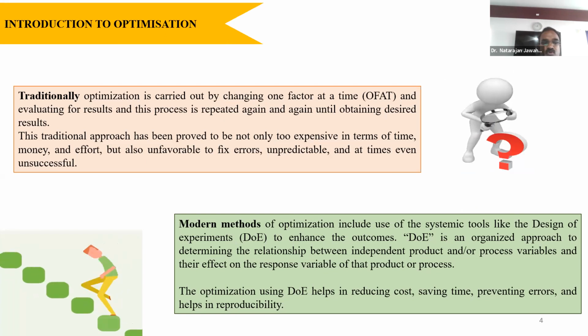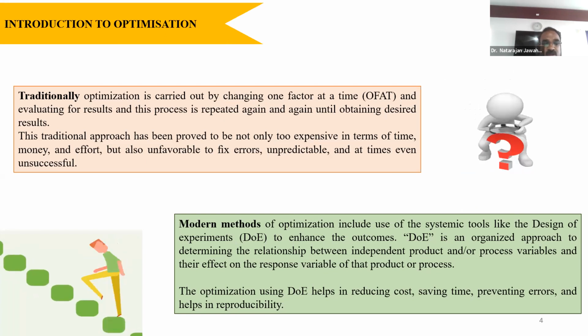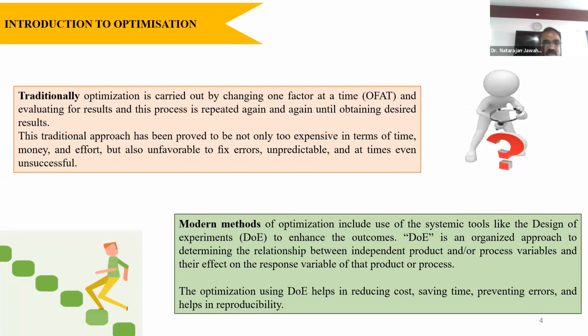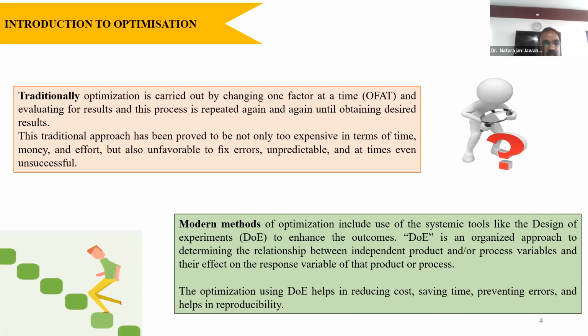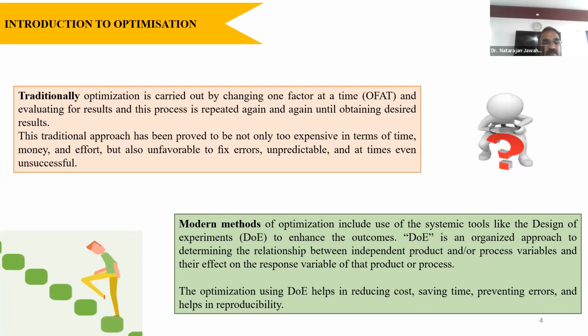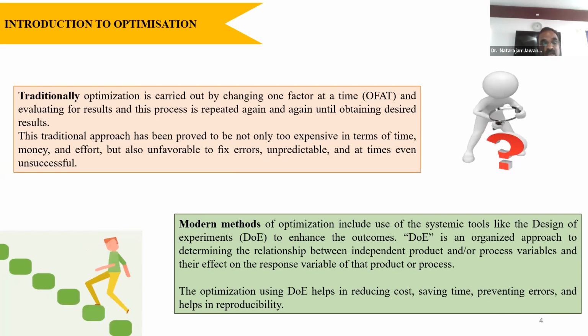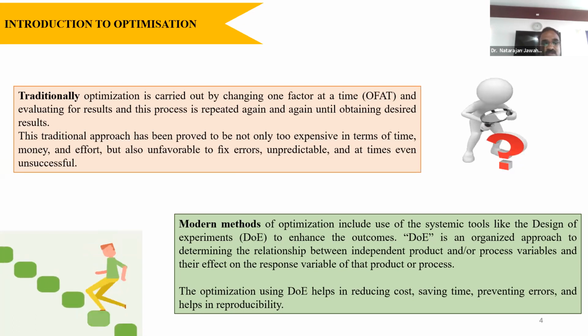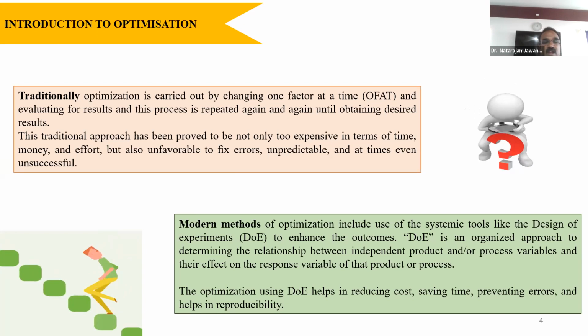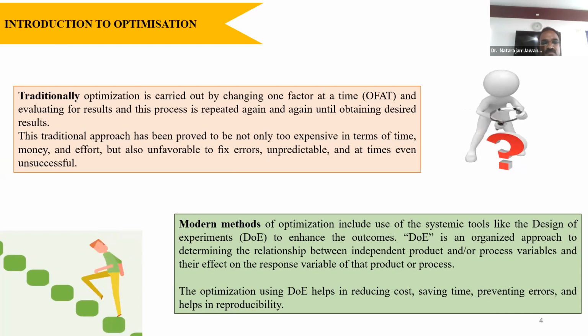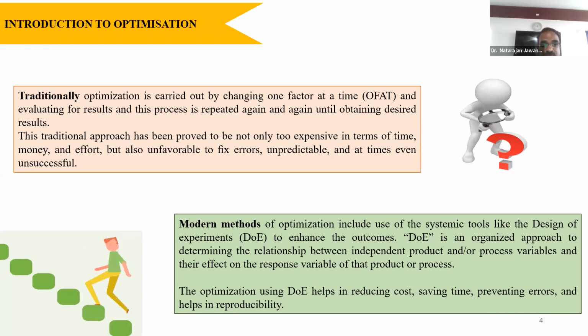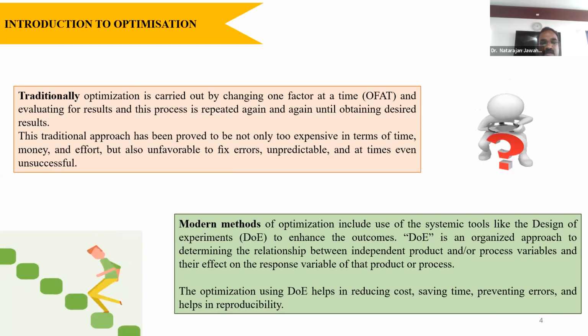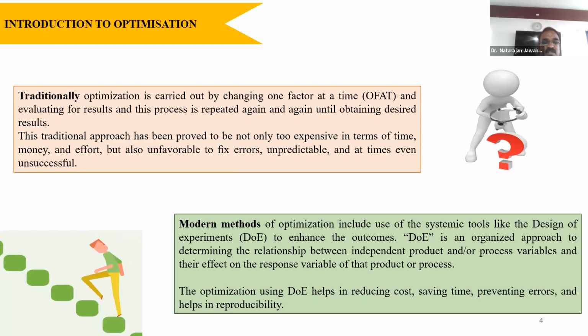This traditional approach has proved to be not only too expensive in terms of time, money, and effort, but also unfavorable for fixing errors. We cannot fix the errors of our formulation with this approach, and it is unpredictable. The results are unpredictable, and sometimes it is even an unsuccessful approach.